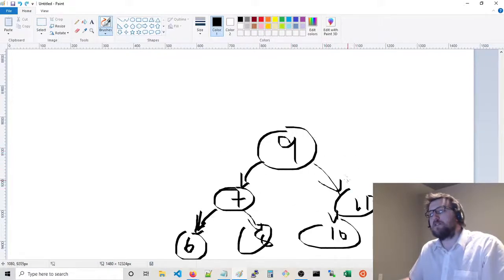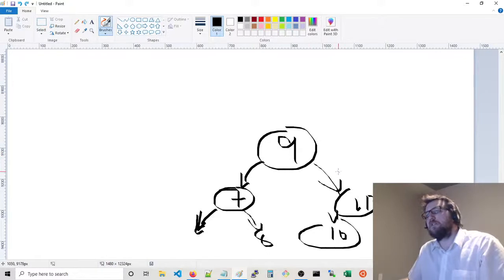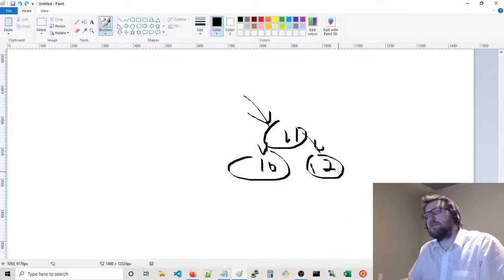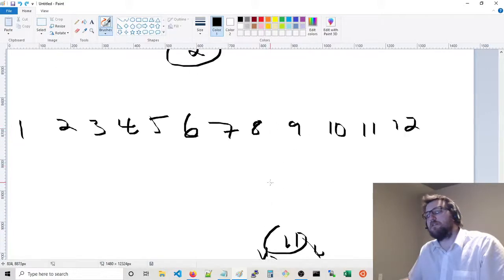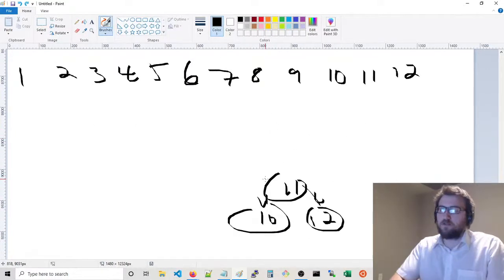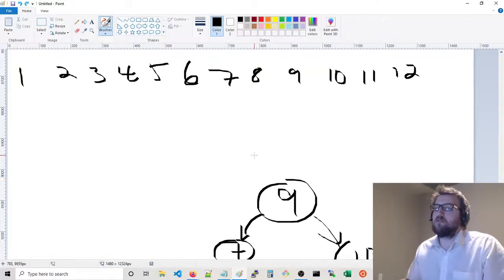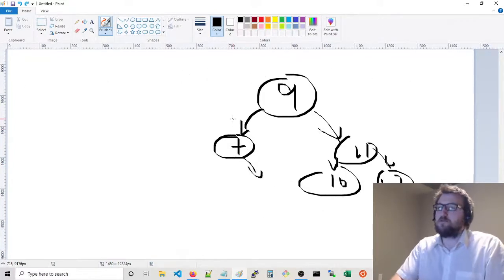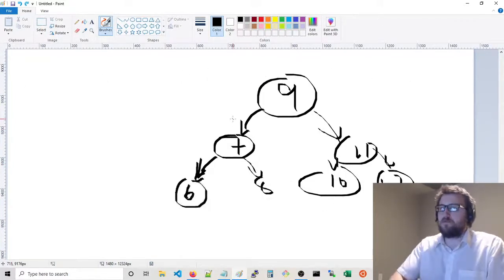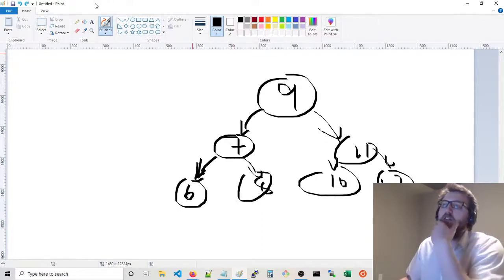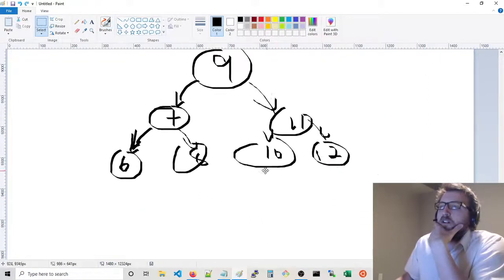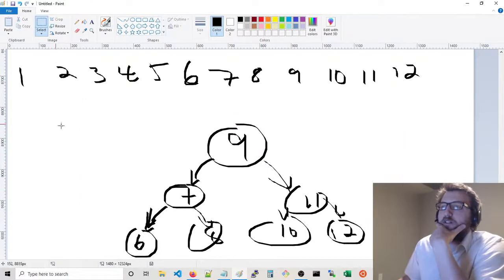This is 20. If we put, somehow we get 21. Well, okay, hold on. Okay.